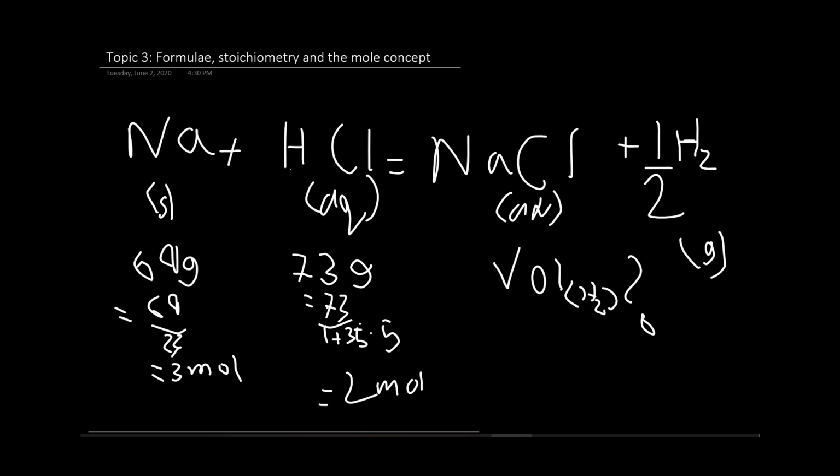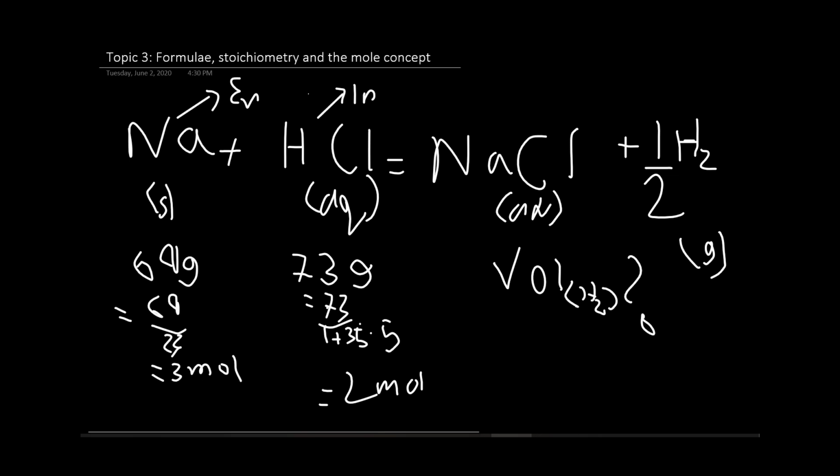So the reactant which will be lesser than the amount we need is known as the limiting reactant. I'm not going to write the full form, I just write LR. And the other reactant, which will remain in excess, is known as the excess reactant.